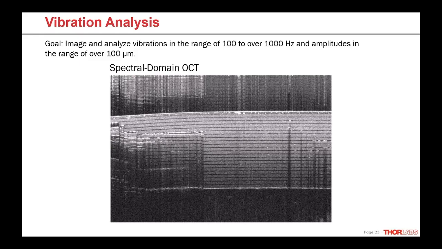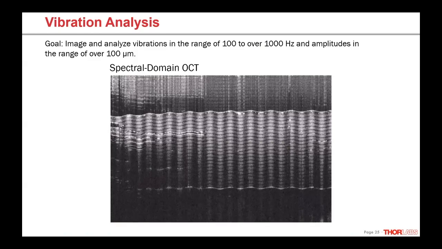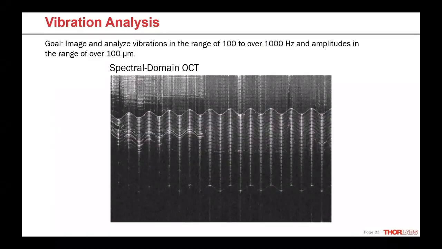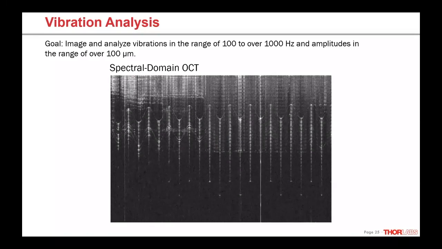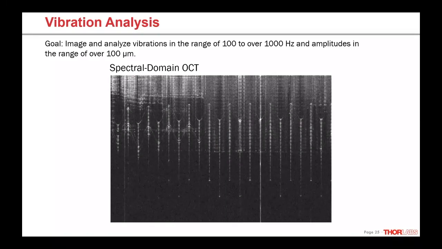So let me start playing this video. And now you can see a small vibration and it gets stronger and stronger. And for really strong vibrations, you can see that at the top and the bottom, you can see the individual layers of the tape. But in between where you have really strong movement, the OCT signal disappeared.